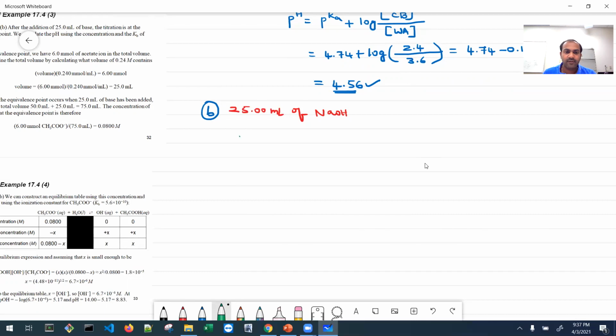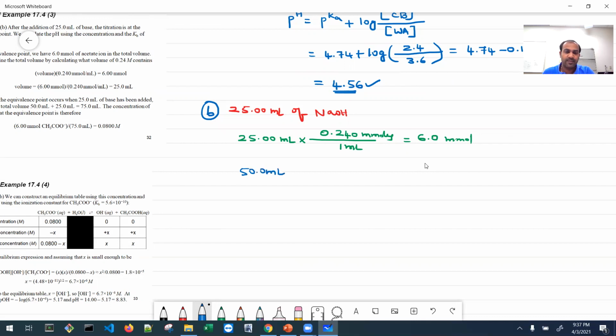So we have 25 milliliters of sodium hydroxide of concentration 0.240 millimoles in 1 ml. When you multiply 25 times 0.240, it becomes 6.0 millimoles. In our previous calculations, we saw that we started with 50 milliliters of the acid, correct?